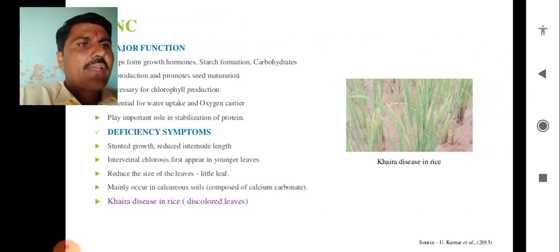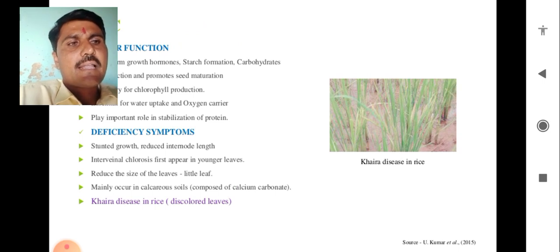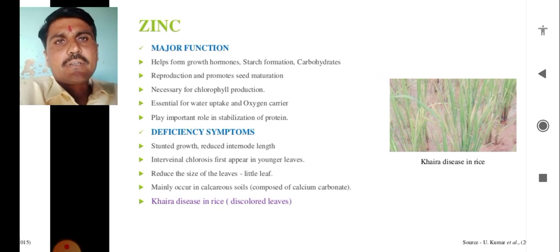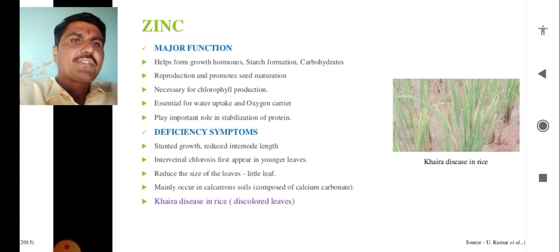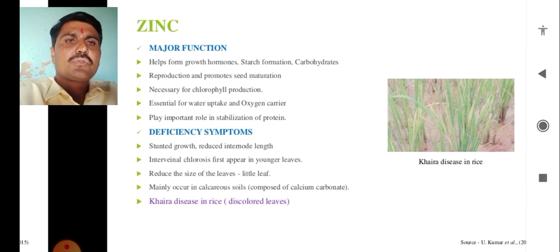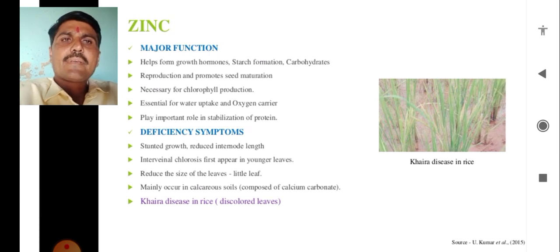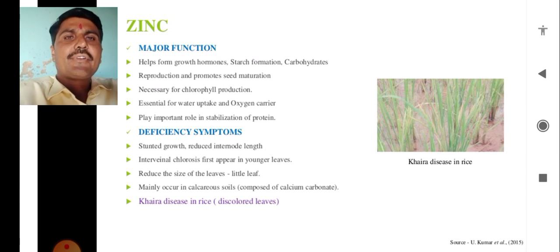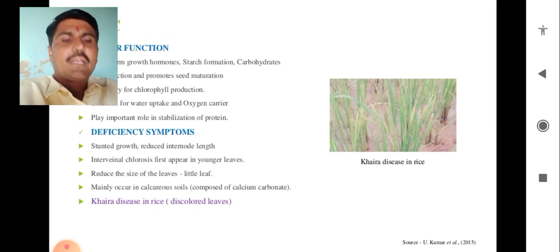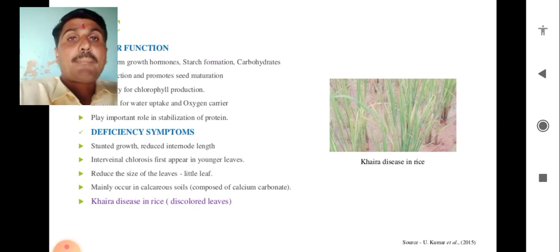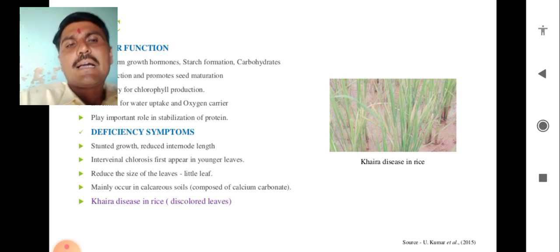We all are aware of the Khaira disease in the rice, and zinc plays a major function, and it also shows some deficiency if it is not present in the proper amount, or if it is not supplied in an adequate amount.